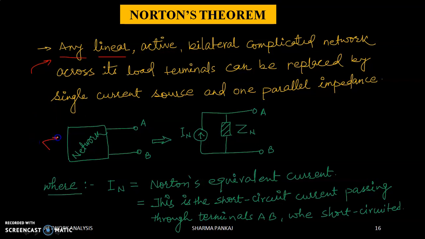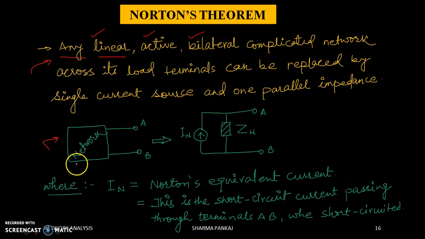This is your complicated network, and it should be linear, active, bilateral. Complicated means it has lots of elements, lots of sources, but it should have linear, active and bilateral elements inside this bigger network. Then only we will be able to apply Norton's theorem.